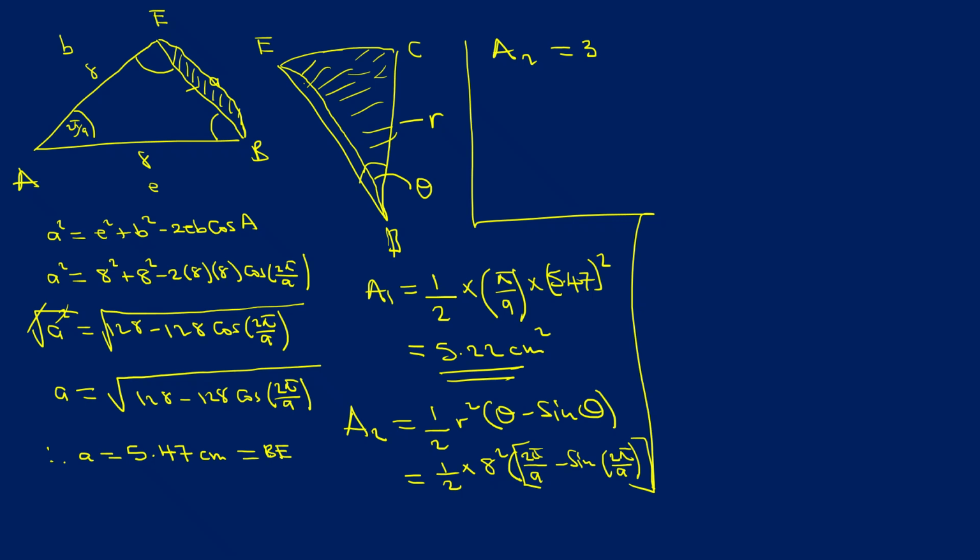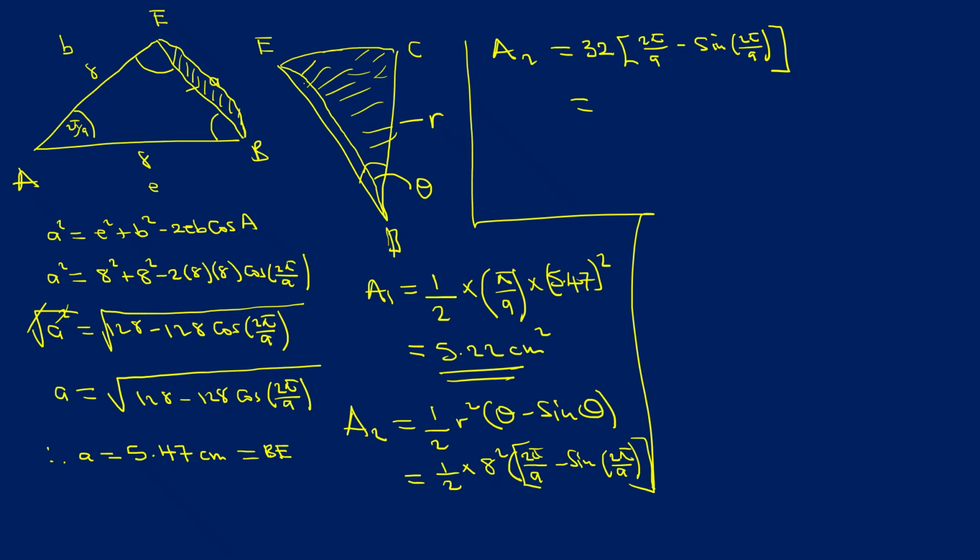Then 32 multiplied by, go on the calculator again. Here we are having 2 pi divided by 9 minus sine 2 pi divided by 9. Just type in those figures. Open your brackets, type in 2 pi divided by 9, close brackets, minus sine of, again, 2 pi divided by 9, close brackets, enter.